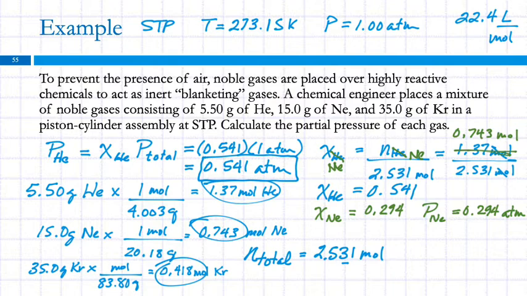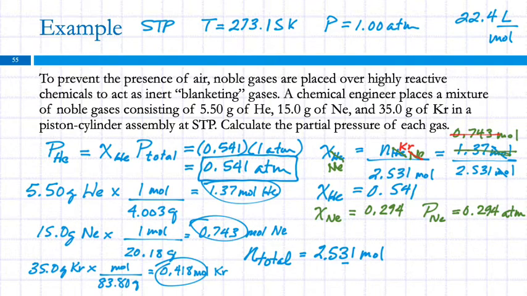When I get to the last one, I have options. I can do the same process, just cross this off and put 0.418 in there and divide. That works perfectly fine. Actually, let's do that. I'll make that one red. Make this krypton.